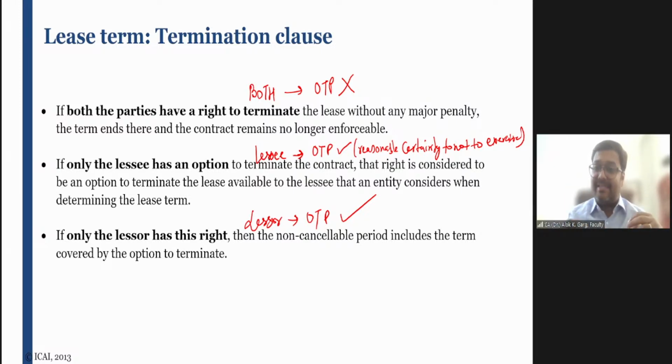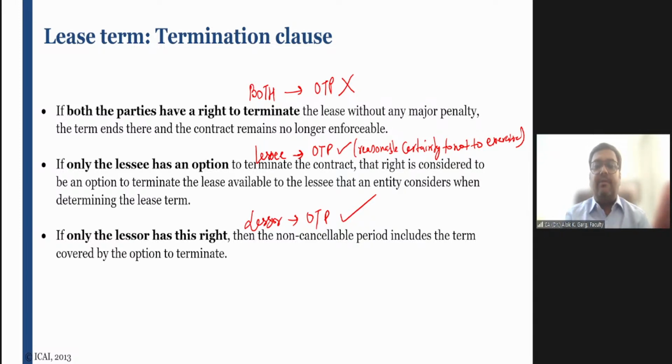So if only lessee has the right to terminate, you need to look at why lessee will terminate. Why will the lessee terminate? If the lessee has spent a lot on leasehold improvements, or the lessor is giving him the lease at market rental, right, in that case the lessee will not terminate the contract. The lessee will be happy to continue the contract.